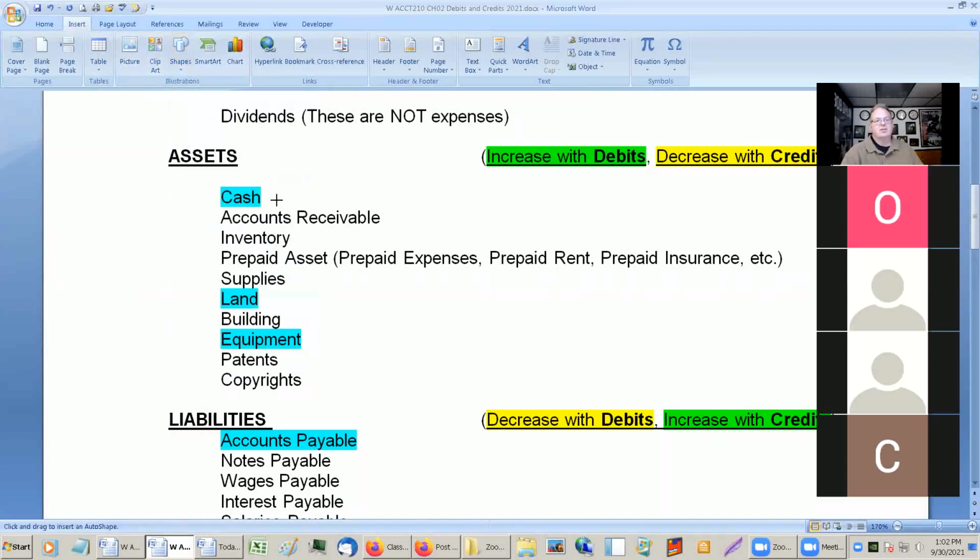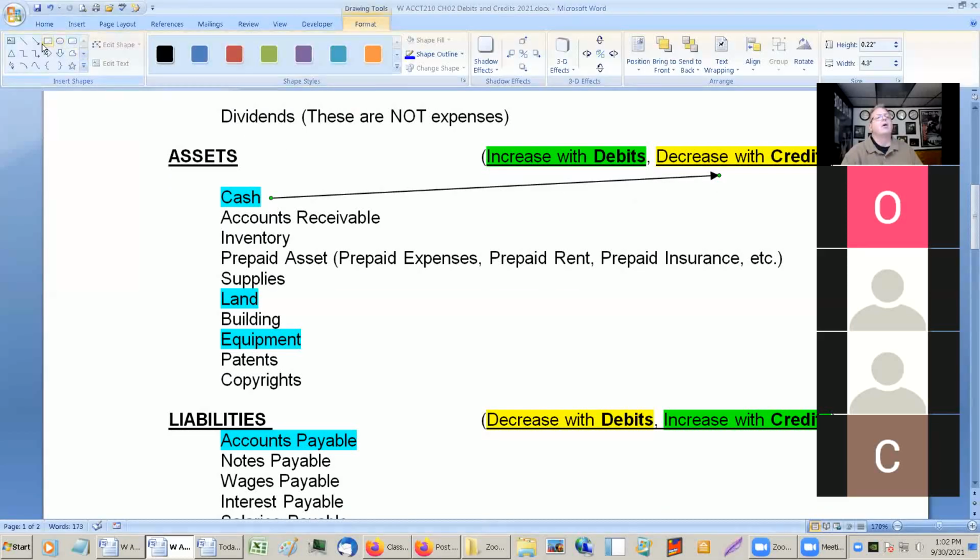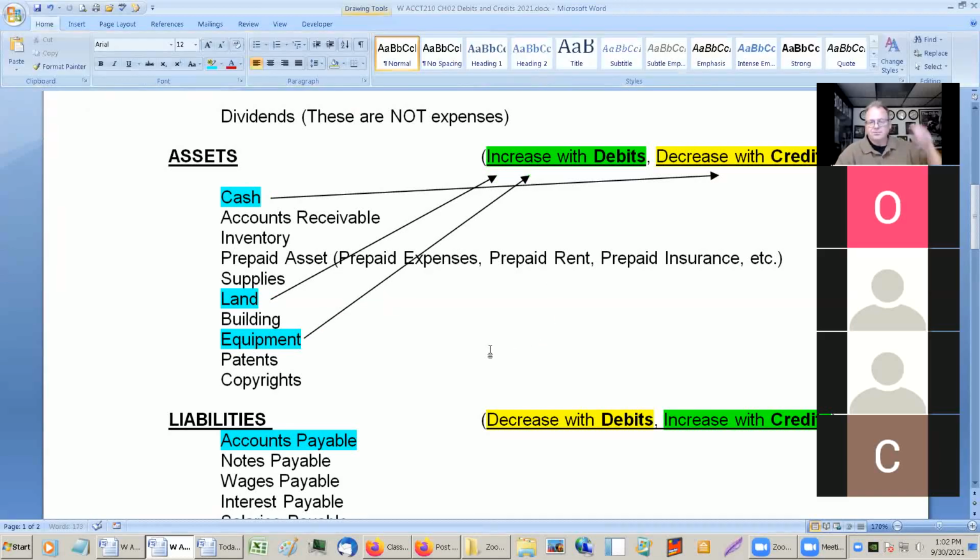Okay, so cash is going down. Land and equipment are going up. Okay.